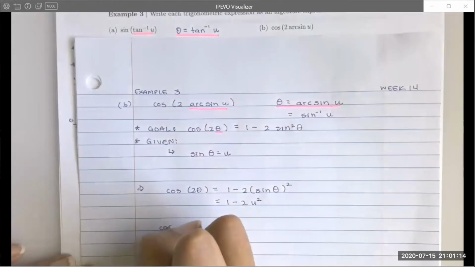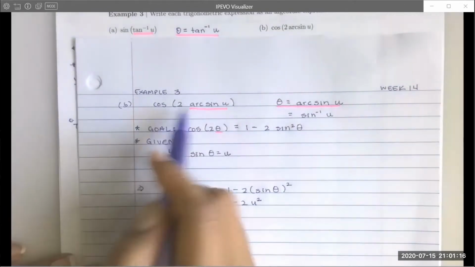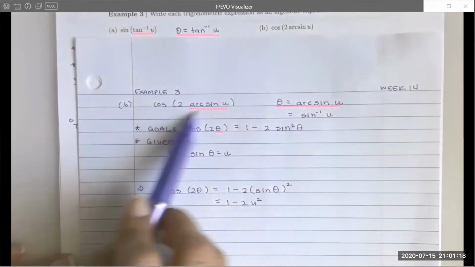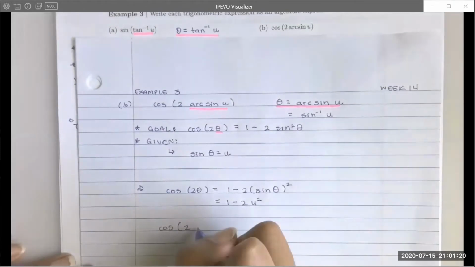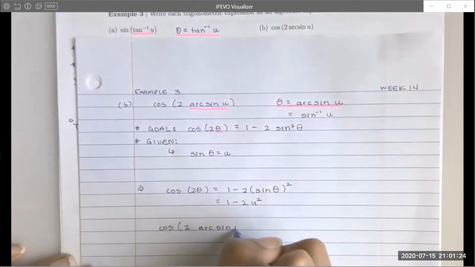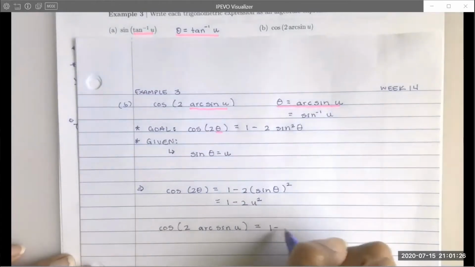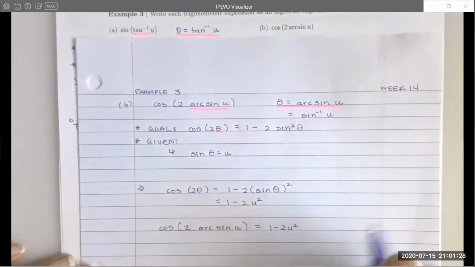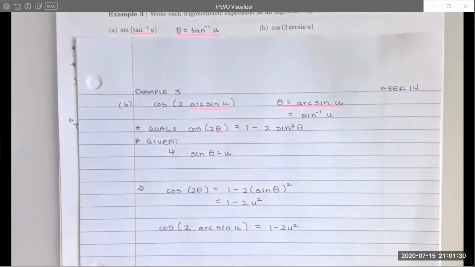Then I have cosine, and I'm going to write it with the original arguments. So cosine of 2 times arc sine of u is equal to 1 minus 2u squared. So that one worked out pretty nicely without the diagram.